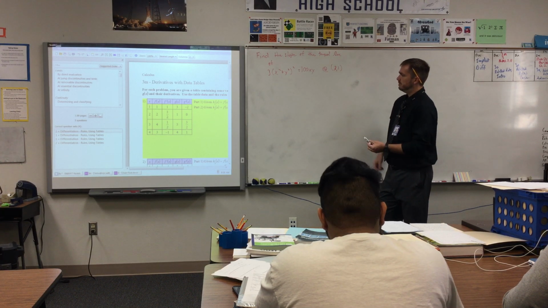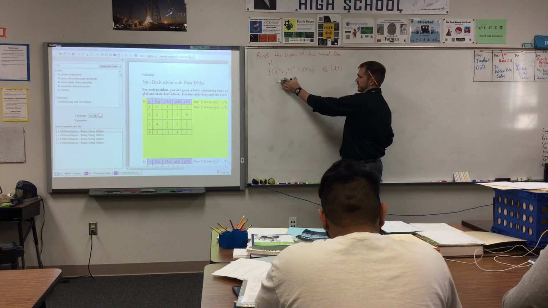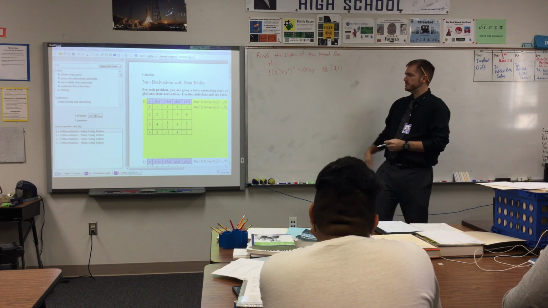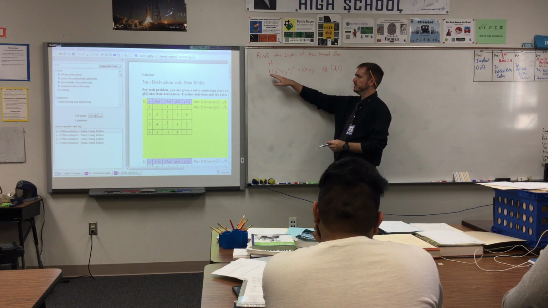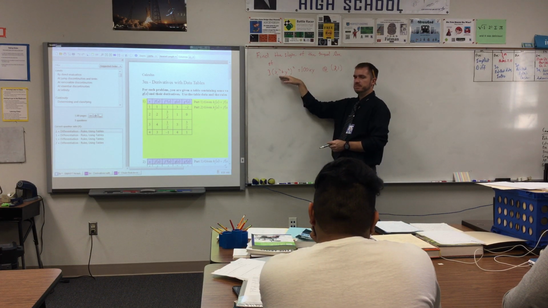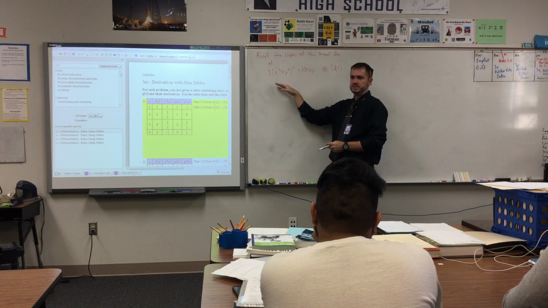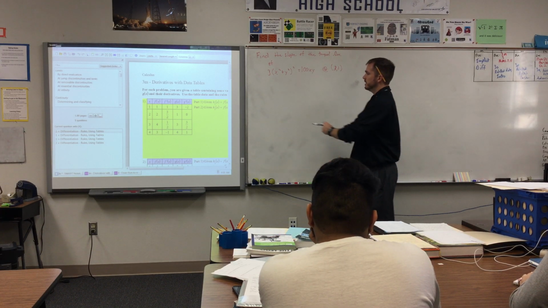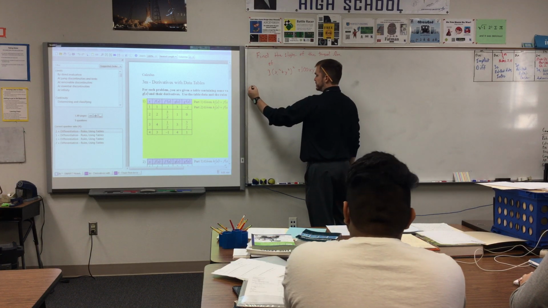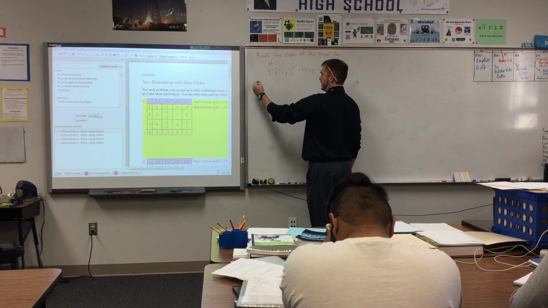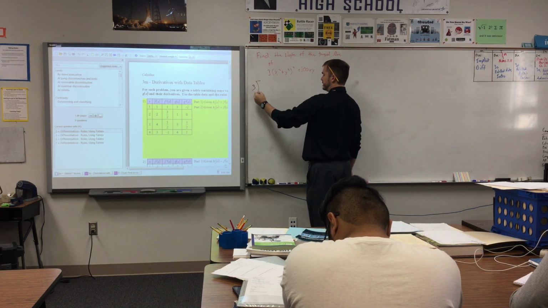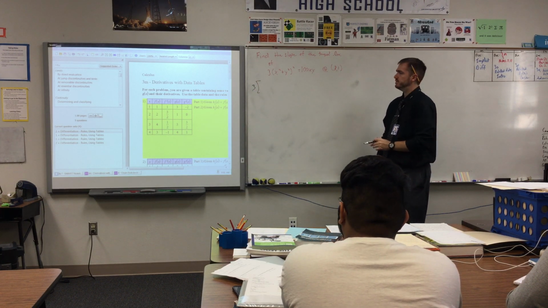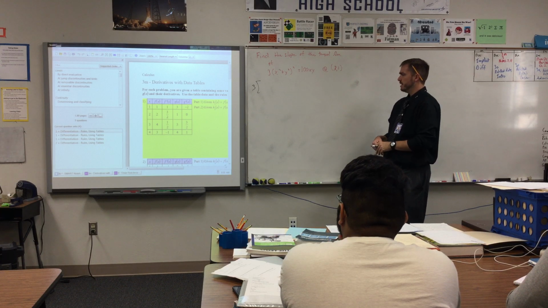So one of the properties of derivatives that we saw before was that if you have a constant times some expression, then the derivative of that is just going to be that constant times the derivative of that expression. So we're just going to pull this 3 down, and then we're going to put maybe a bracket since it's going to be multiplied by the derivative of all the rest of this stuff. Okay?